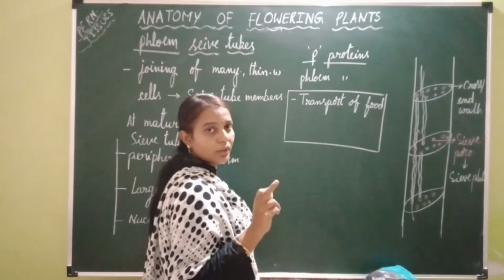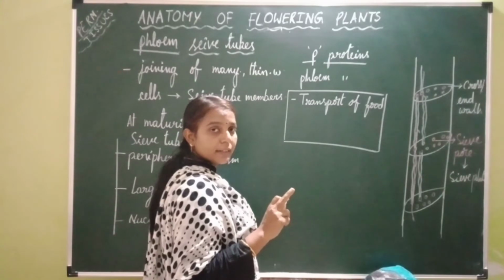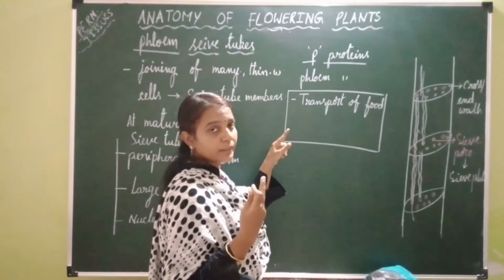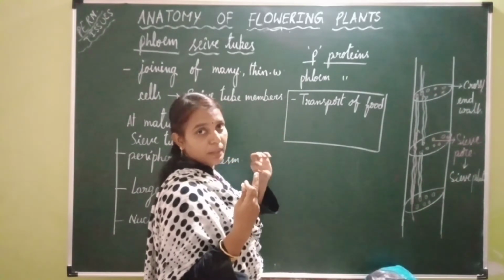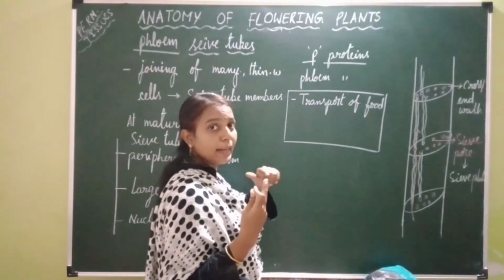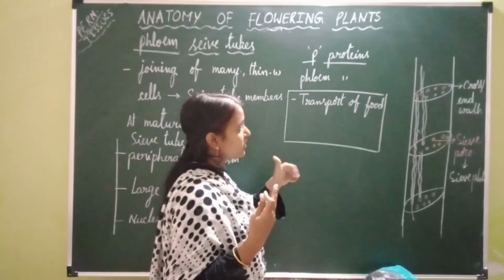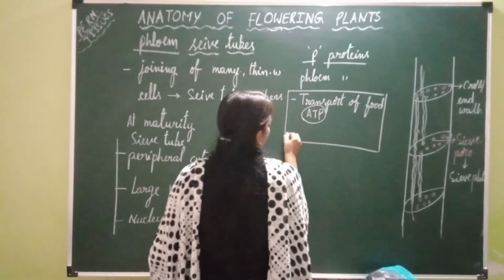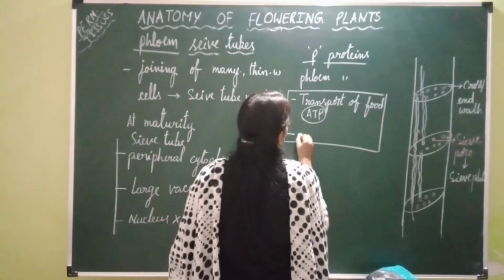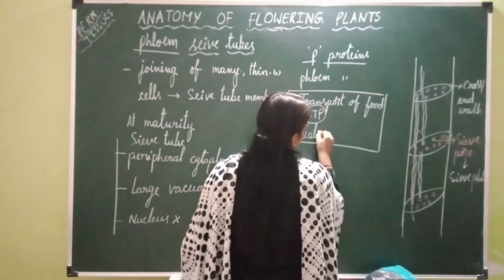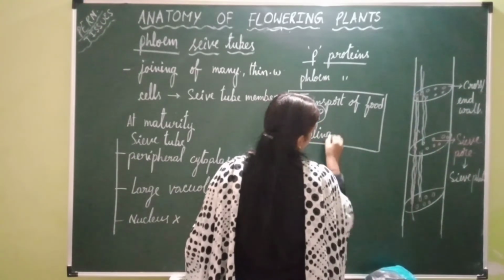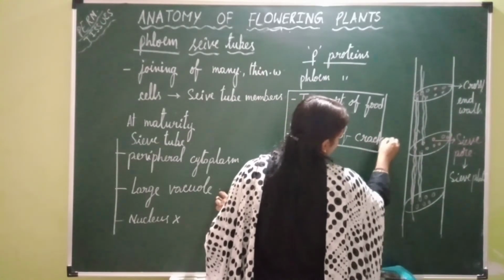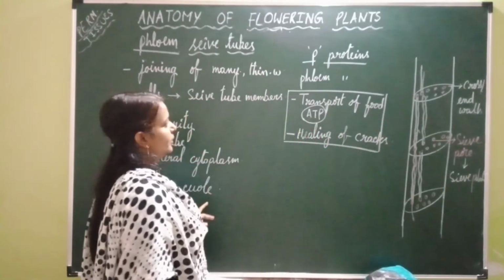The functioning of these P proteins in helping the sieve tubes transport food is ATP dependent, energy dependent. Right. Next function is to heal. These proteins are also involved in healing of cracks, breaks or damages caused inside the sieve tube. Right.